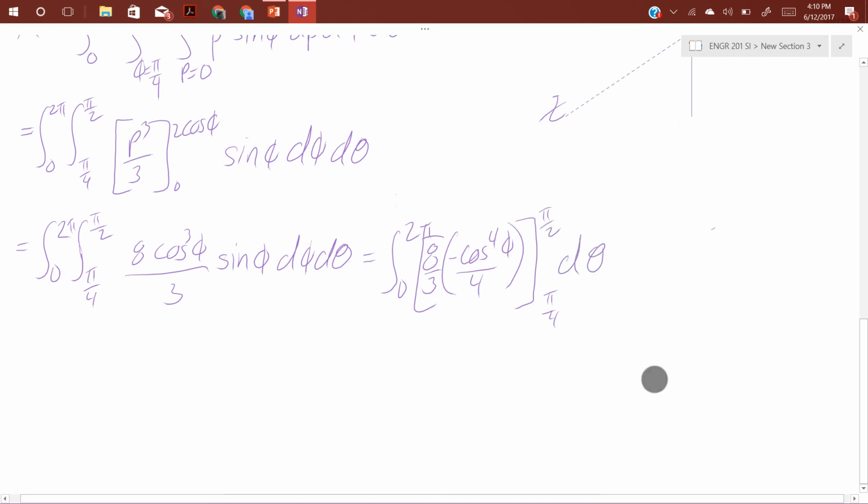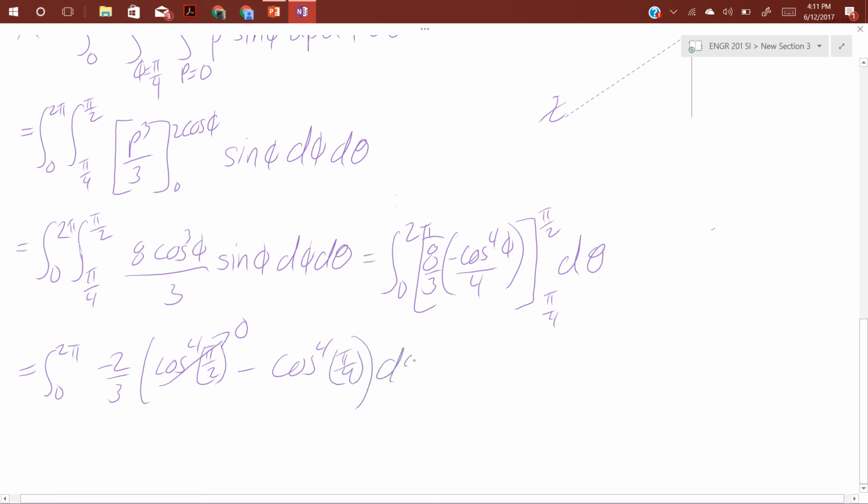So this is 0 to 2 pi, and I'm going to make this negative 2/3. And when I plug in pi over 2 for cosine to the 4th phi, this will go to 0 minus cosine to the 4th of pi over 4 d theta.